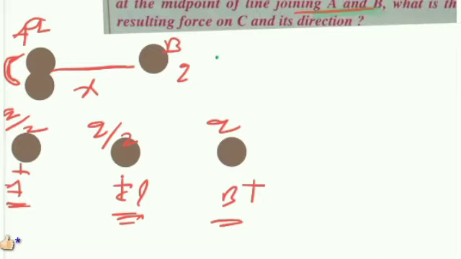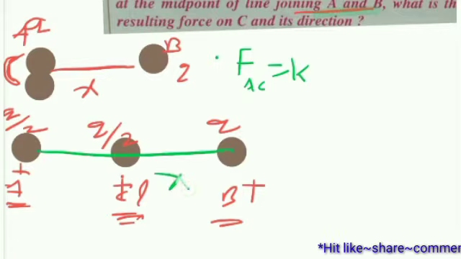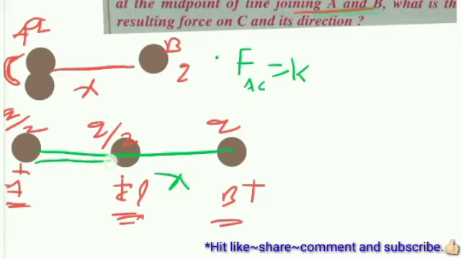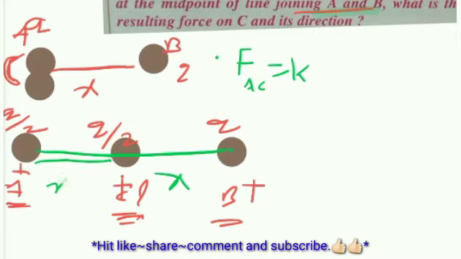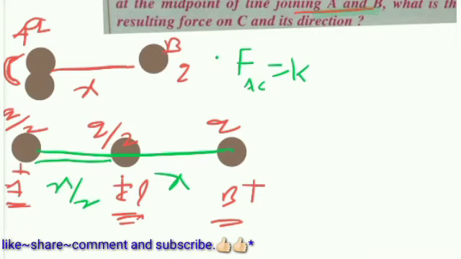Let the force between A and C be equal to K into Q, this distance, total distance x. Now the distance between A and C is x by 2.